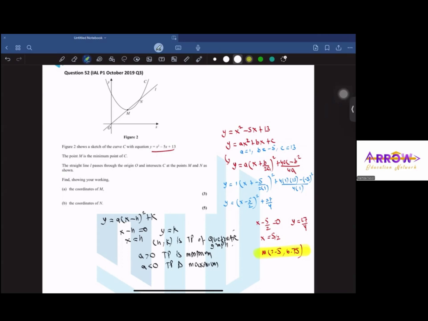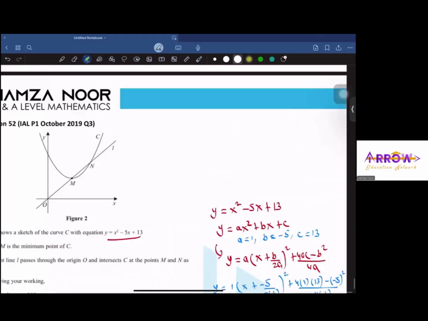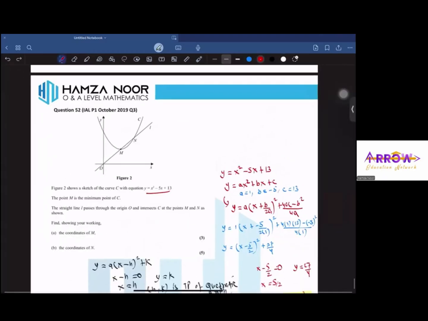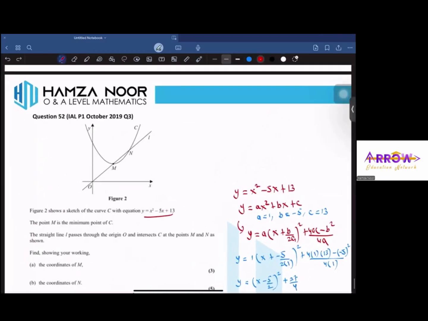Right now, this handout is basically focused on chapter number 2 and 3 specifically, but I can give an alternative explanation over here as well. No worries with that. The equation of the curve is y equals x squared minus 5x plus 13. So we are going to differentiate the equation of the curve. dy over dx will be equal to 2x minus 5.